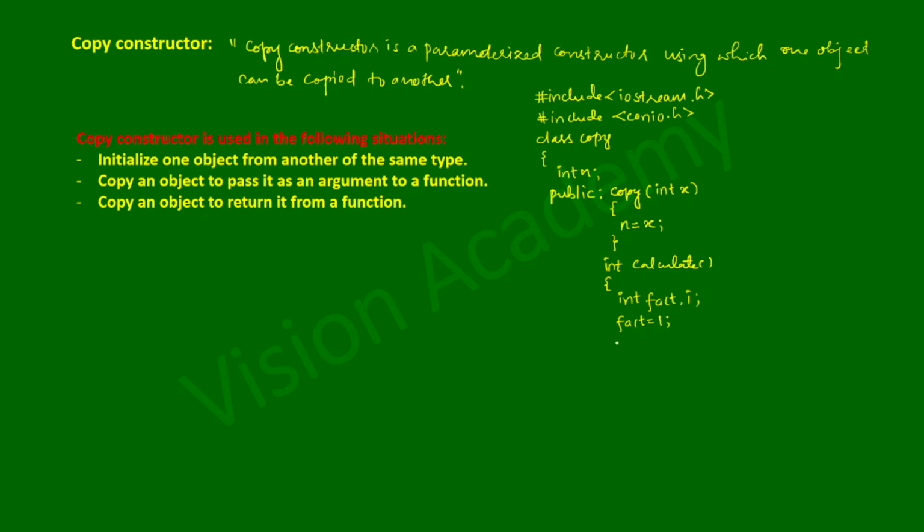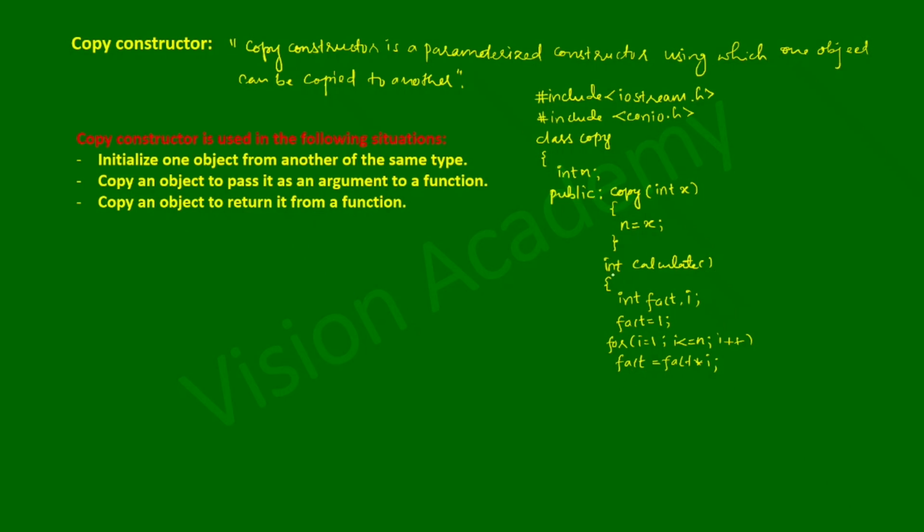Now we are going to use the iterative statement for loop. So for i is equal to 1, because in order to find the factorial of a number we have to stop multiplying at 1. So that's the reason i is equal to 1. Next put semicolon, i is less than or equal to n, and then i plus plus. Here we are going to write the statement that is to be executed repeatedly: fact is equal to fact into i, and then put semicolon.